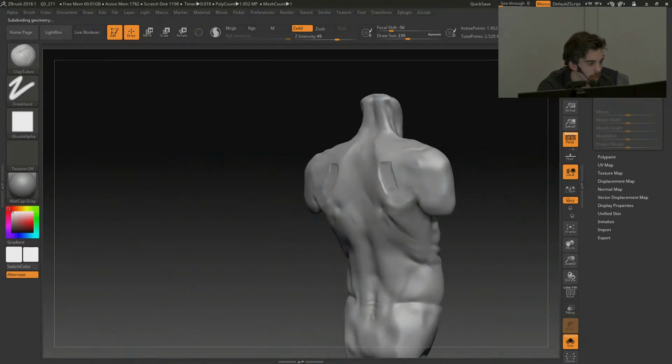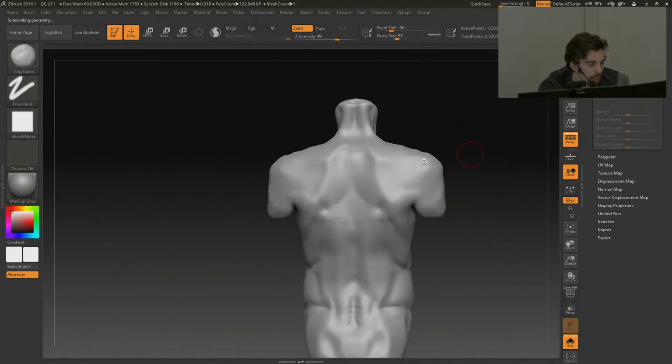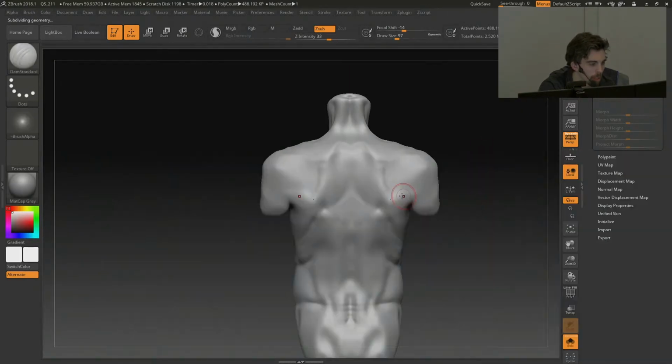I can work with this better. Hang on. Maybe just so through here where I've got a very flat area, and I want it to feel a little bit more alive, a bit more anatomical. Yeah, I'll just kind of fake it.